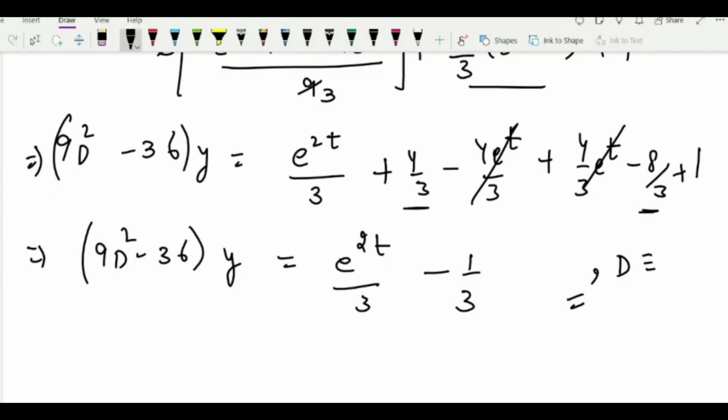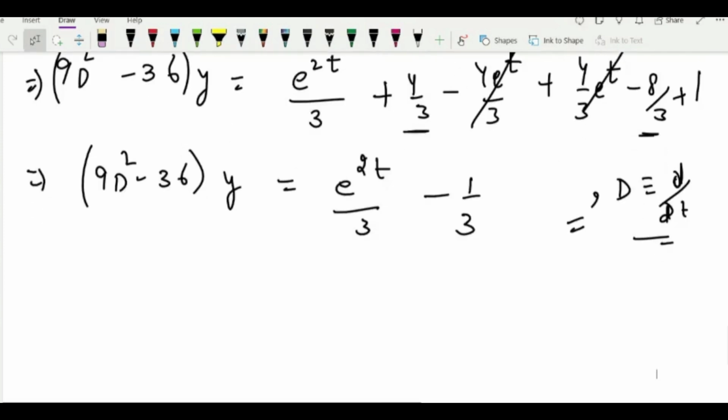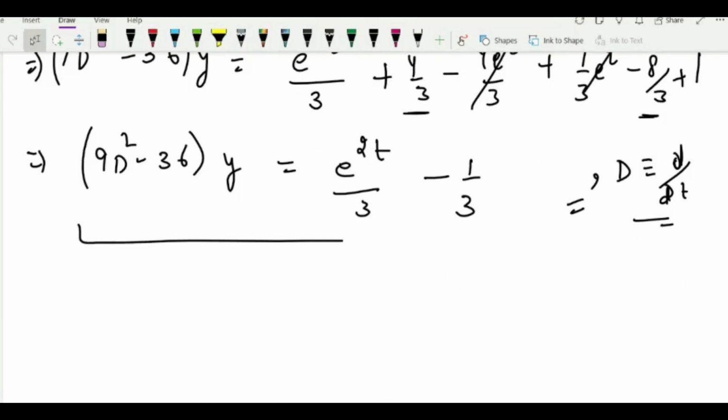Here D stands for d upon dt, because this is an ordinary differential equation in the independent variable t. So in a similar way, we can find CF and PI here. When we find CF in this case, first we have to find the auxiliary equation.